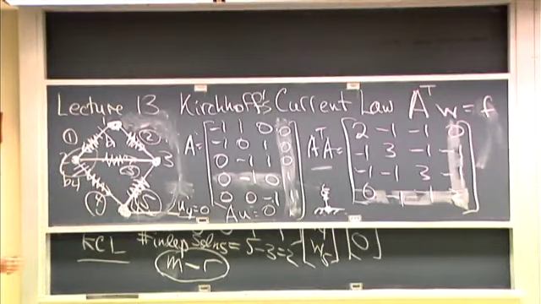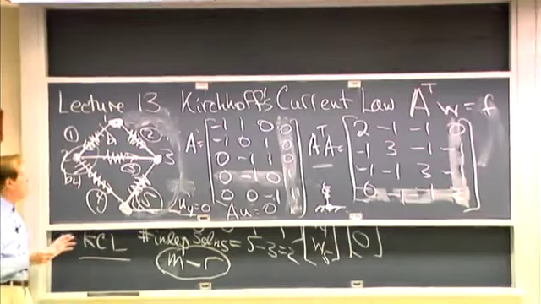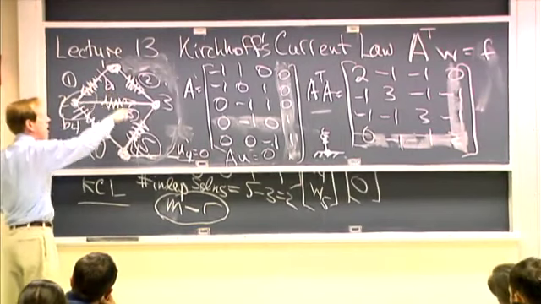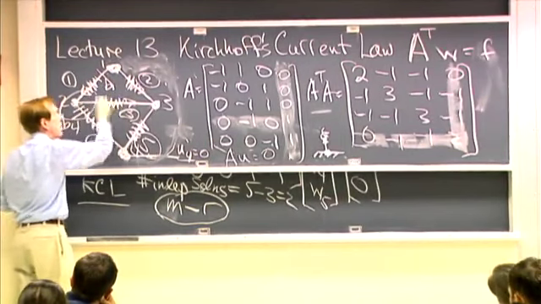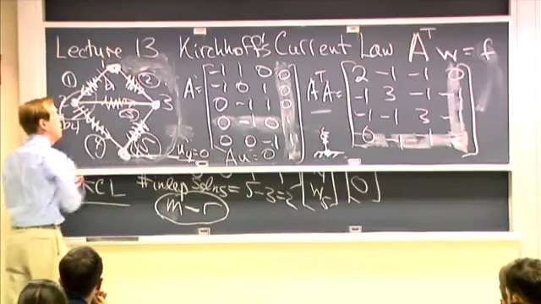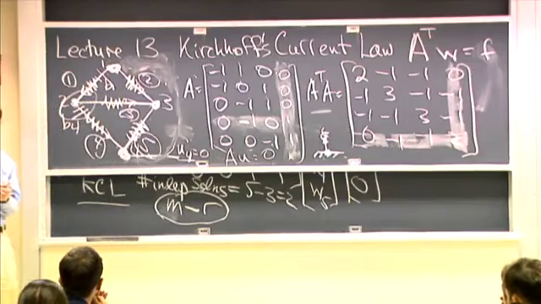He'd be happy. The balance law would be true. I'm just looking at currents. Current W1, W2, W3. Is there any combination of W1, W2, W3 that would balance itself, that would make Kirchhoff okay?